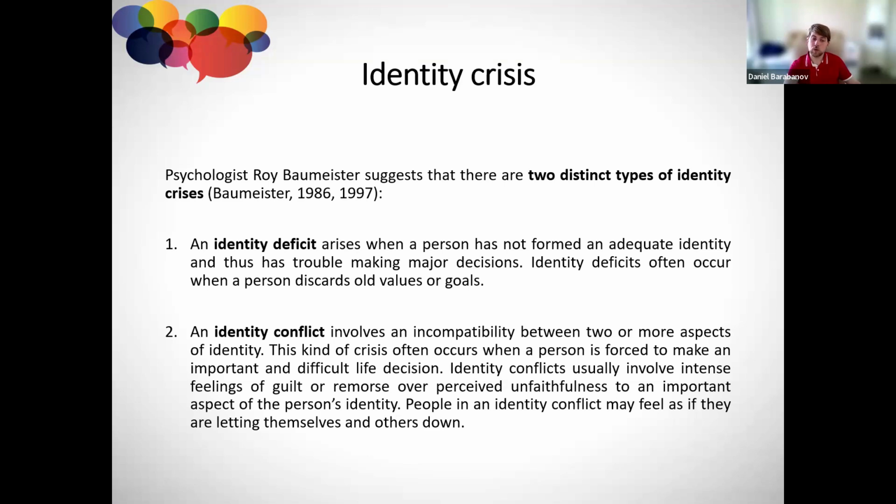For a really, really small identity conflict, for example, you have a shift at work at the same time when you have classes at university. You cannot attend both places at the same time, and you need to choose. Are you a university student today, or are you an employee today, right?